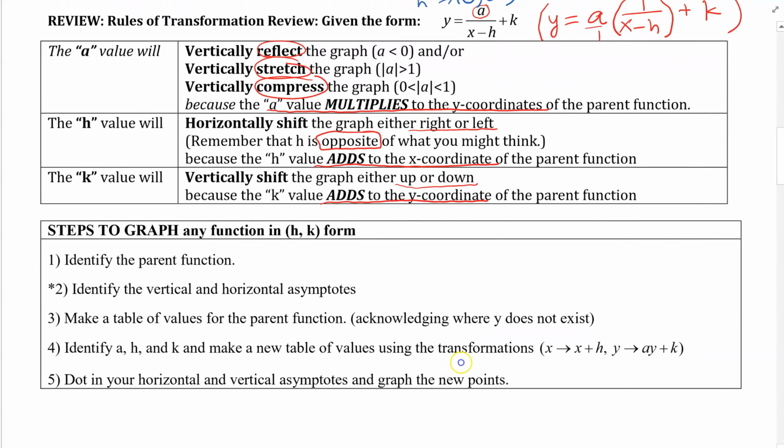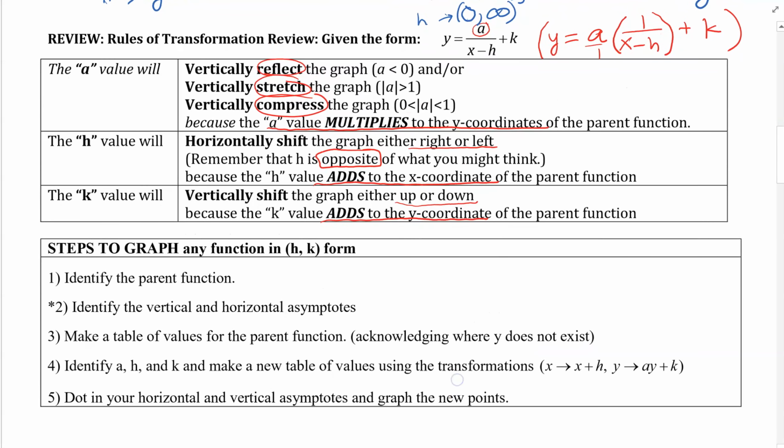And for graphing these functions, the steps will be very largely similar to the other ones we've learned, except for the fact that these reciprocal graphs have what we call asymptotes, vertical and horizontal asymptotes, which add another layer to the graphing. And so I usually have students identify those first because they provide a nice sort of boundary for the rest of the graph.